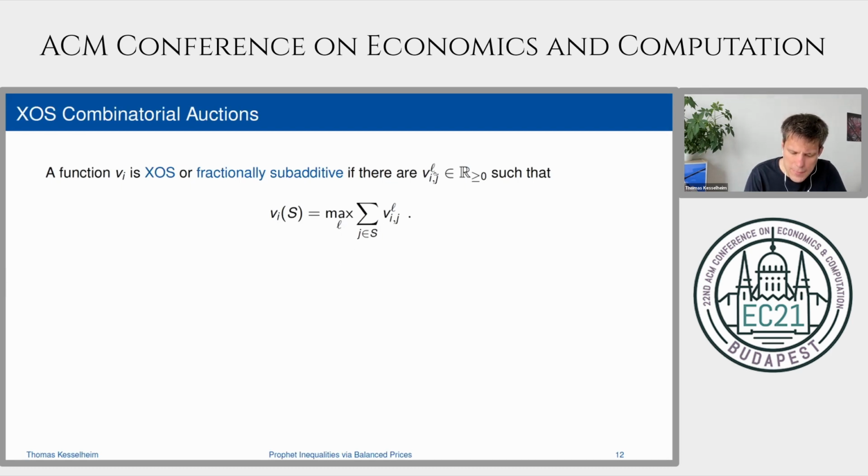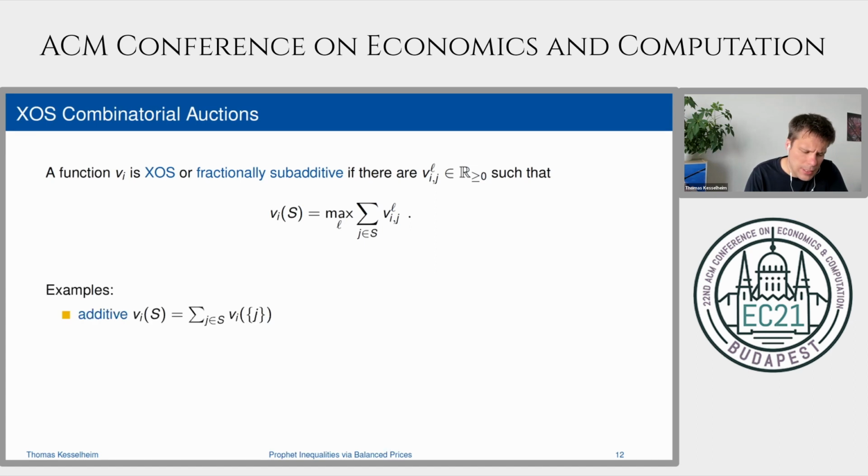You would have values like v_ij superscript l, where for a fixed l, this would be just some additive function. So you would just add up these v_ij's for a fixed l for the items that you're getting, and then you're taking the maximum over all possible l.